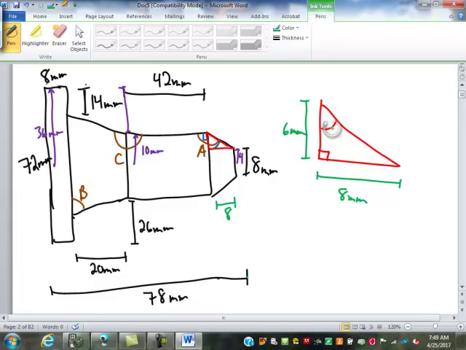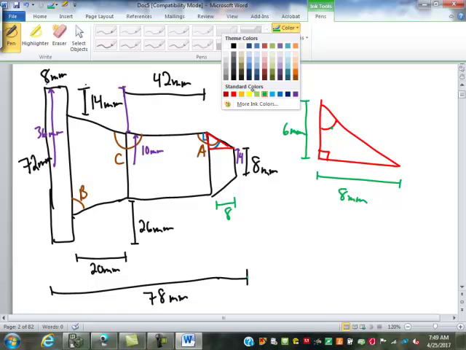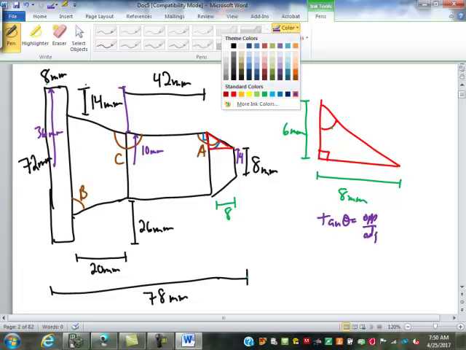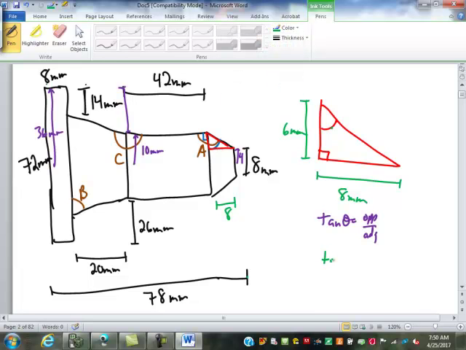This angle, bigger or smaller than 45? The opposite side's bigger than the adjacent side, so it's got to be bigger than 45 degrees, right? So we're looking at tangent of our angle. It's opposite over adjacent. Plugging in, we're looking for the angle. Opposite side is 8, adjacent side is 6.